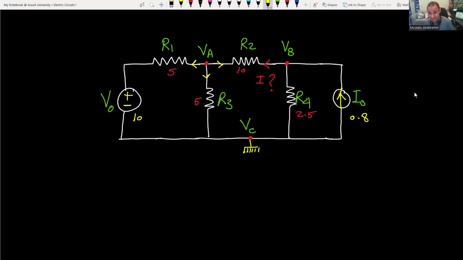The first step in nodal analysis is to search for the nodes. The nodes have at least 3 branches, and we have 3 here. I named them VA, VB, and VC.